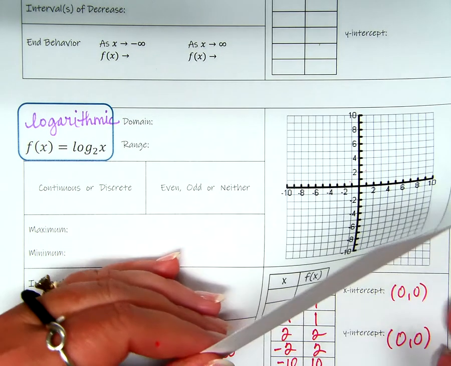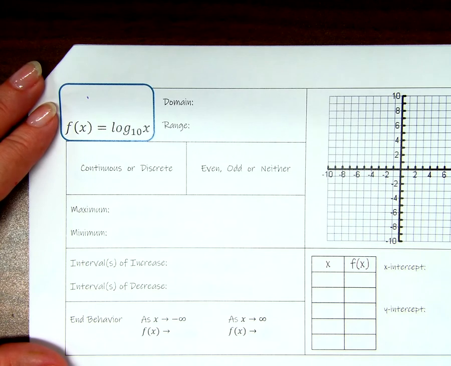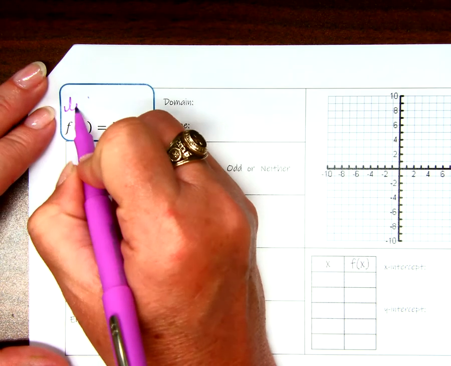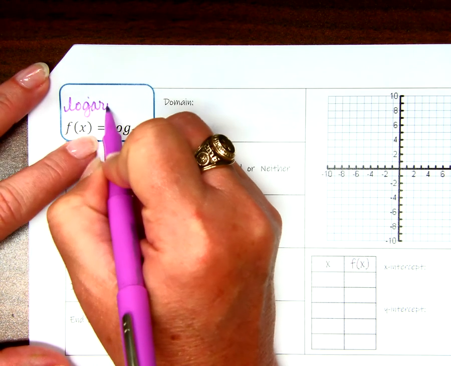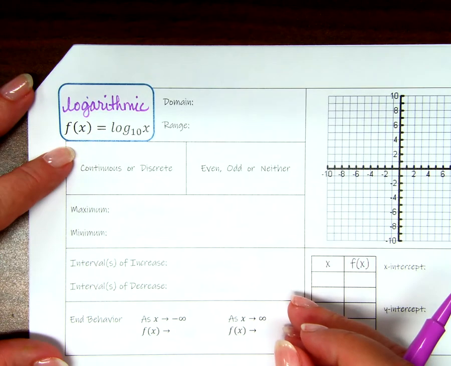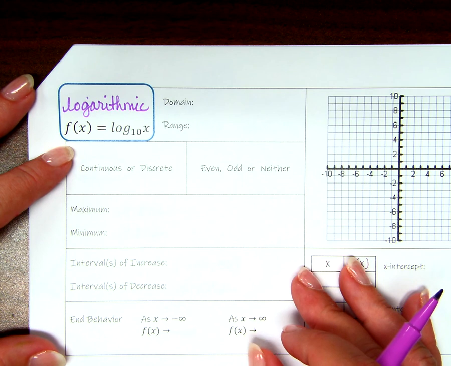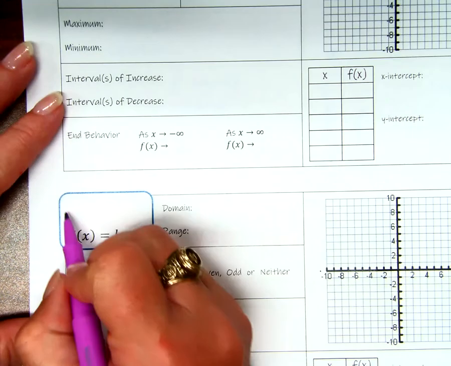Got it okay? Let's go to the last two. Guess what this one's called? Logarithmic. And guess what the last one's called? Logarithmic.